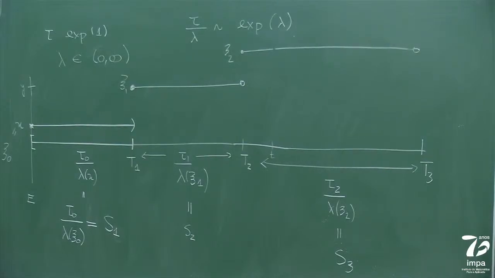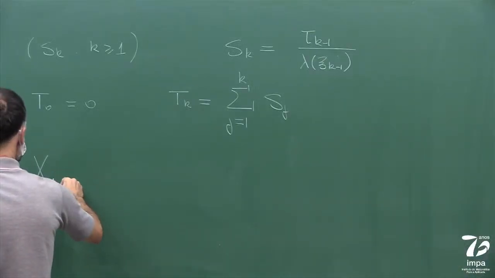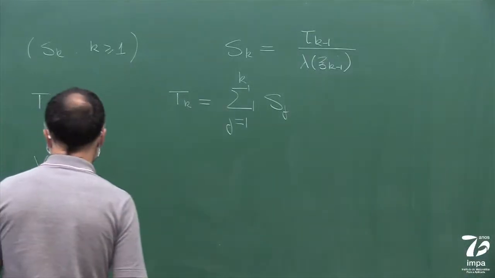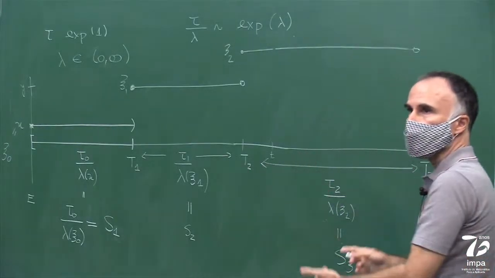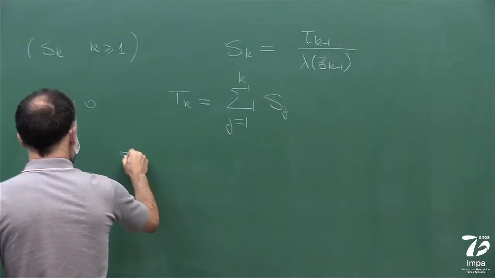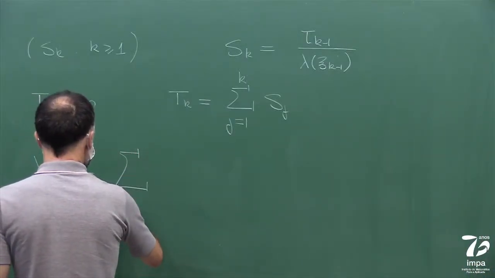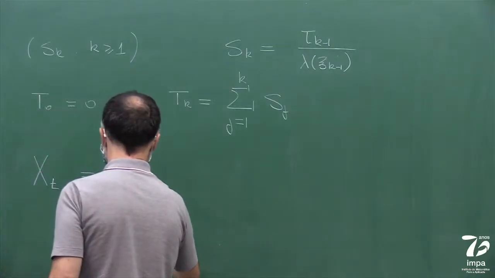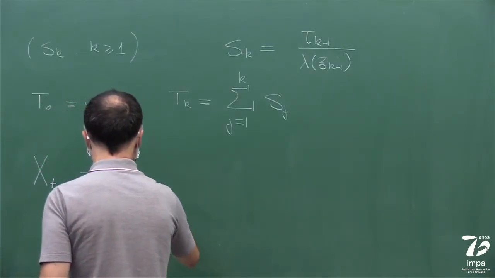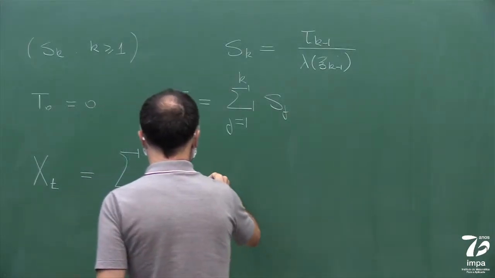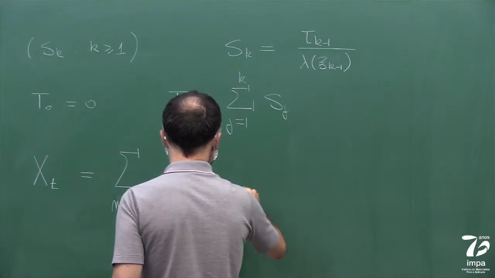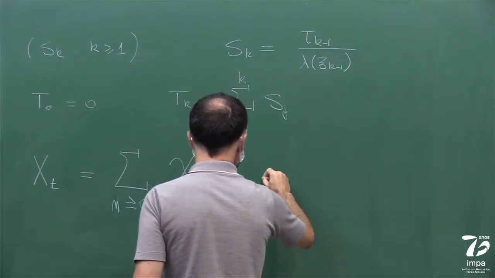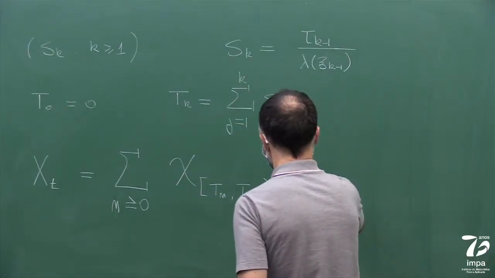And now I will define x_t. If you want to know what x_t is, you have to look at which interval it belongs to. So I will look at n larger than 0 on the set at which t belongs to the interval t_n to t_{n+1}.